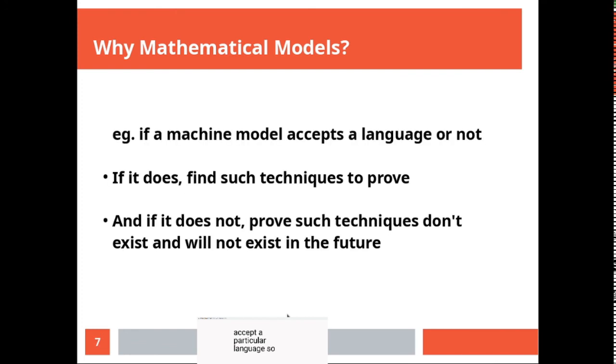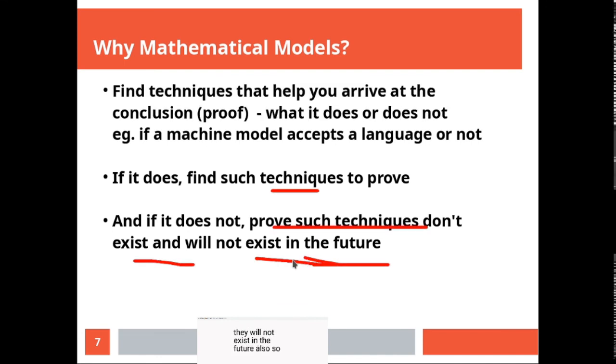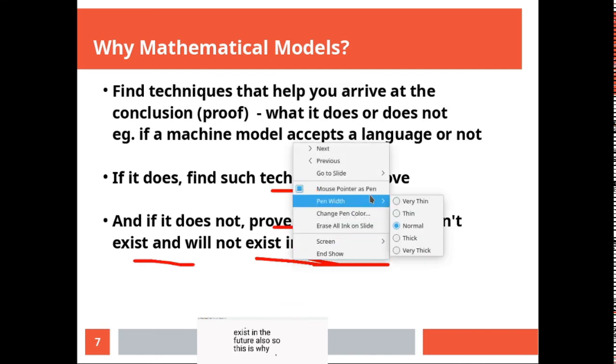So if a machine accepts a language, you will find techniques to prove it. If a machine does not accept a language, you will prove that such a machine does not exist now and will not exist in the future either. This is why you need mathematical models.